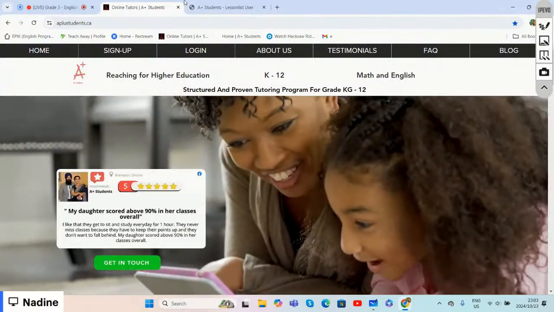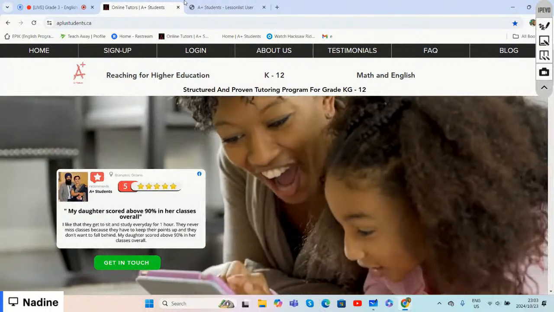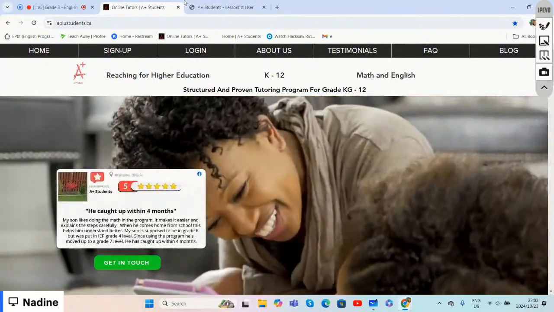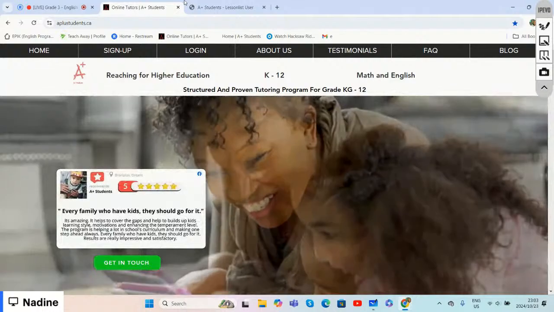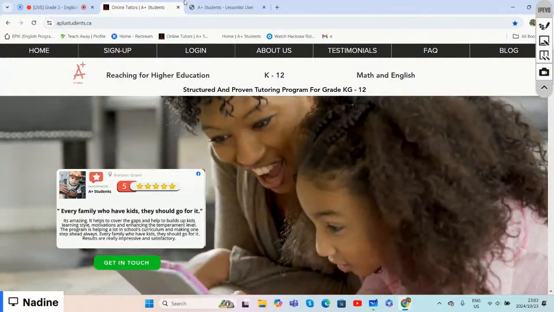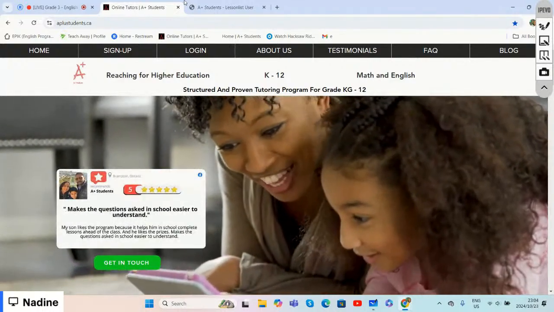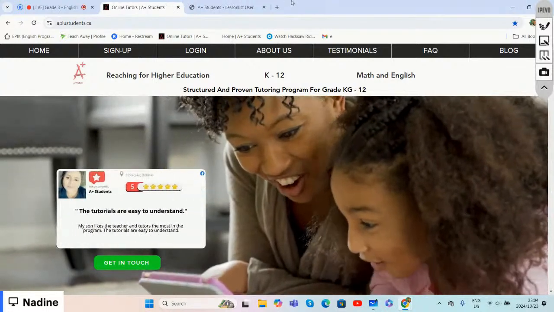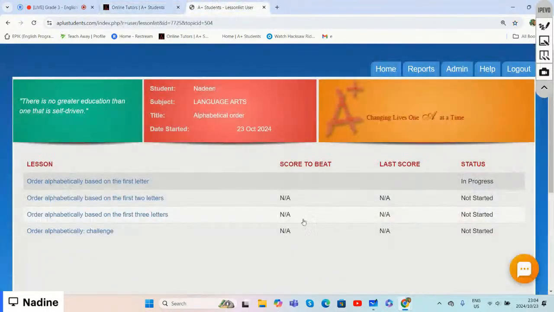We're doing grade 3. And then we're going to scroll down up until we get to our chapter called Alphabetical Order.